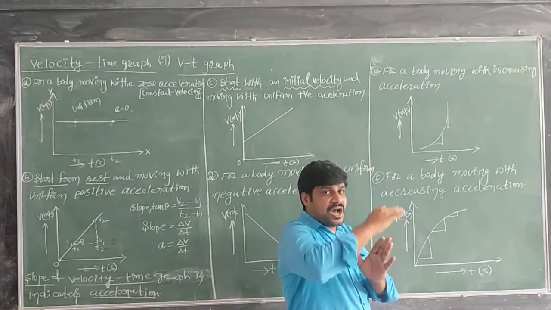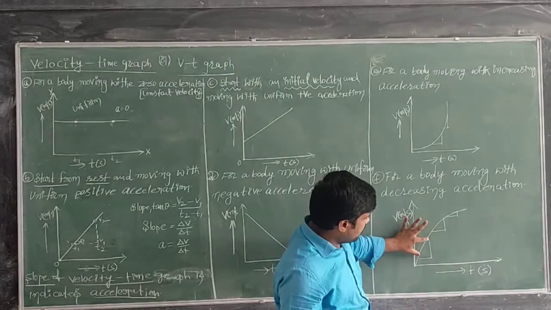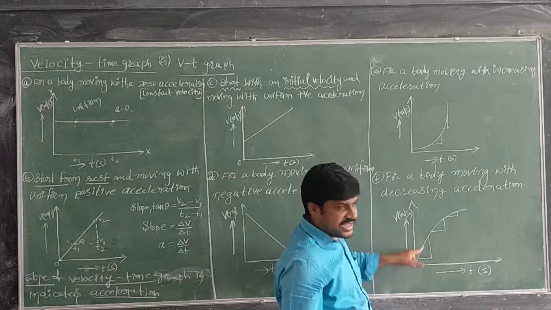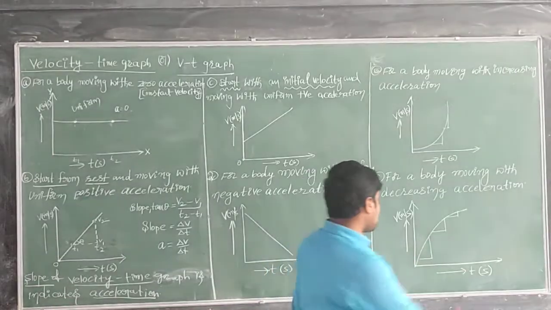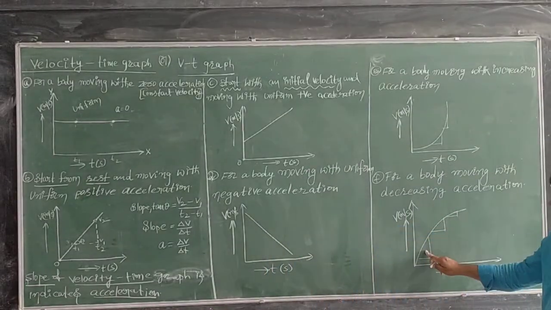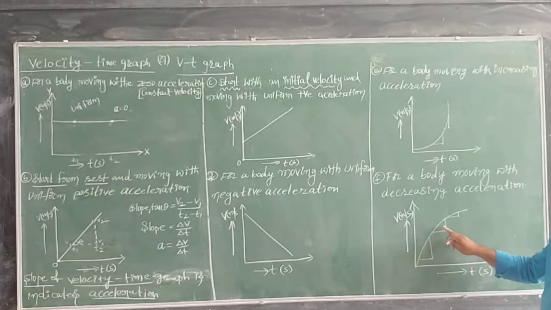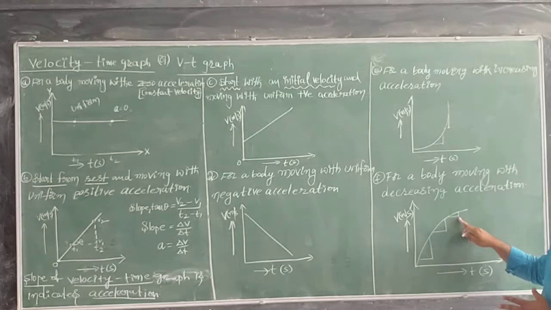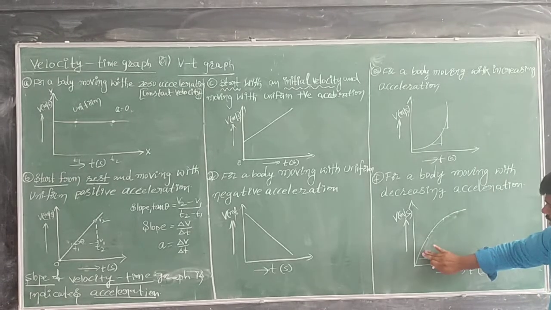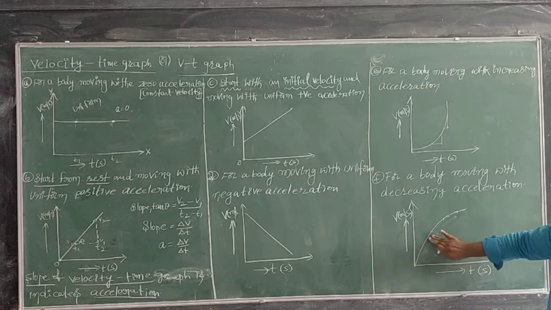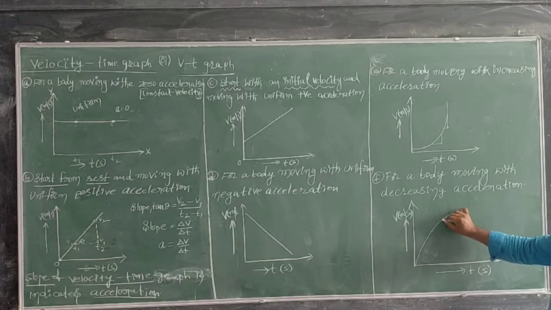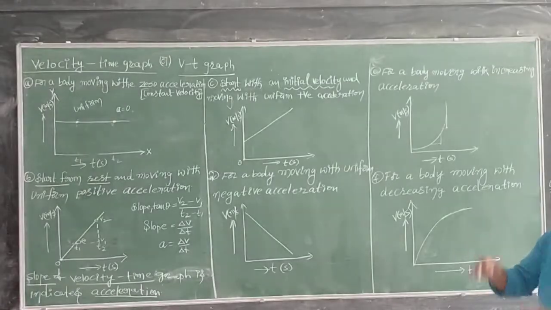Slope is more means acceleration is maximum. Here the slope is somewhat less, so acceleration is less, and here still less. That means as the particle moves like this, the acceleration is decreasing. Acceleration decreasing means the change in velocity is decreasing.